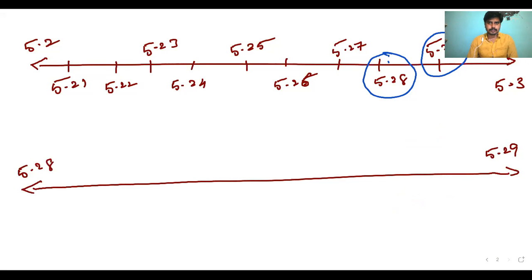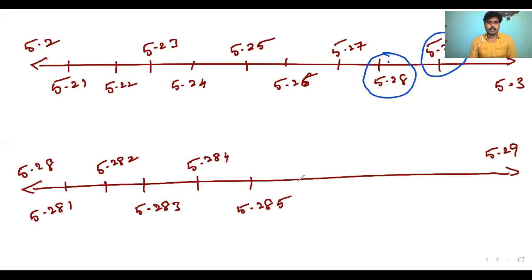Now we have 5.281, 5.282, 5.283, 5.284, 5.285, 5.286, 5.287, 5.288, and 5.289.